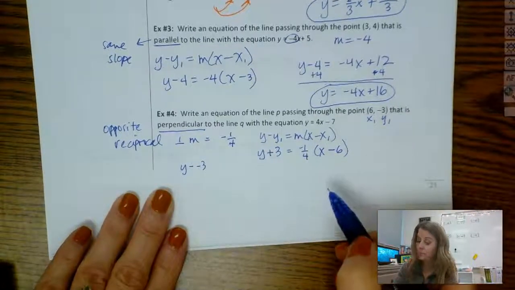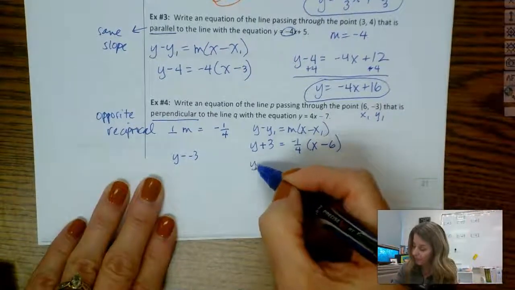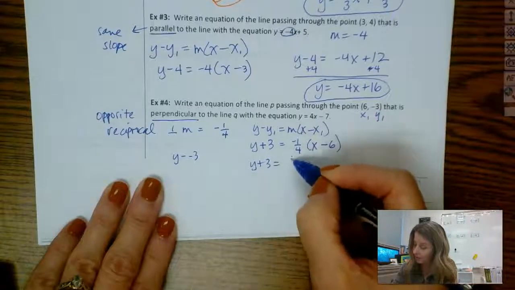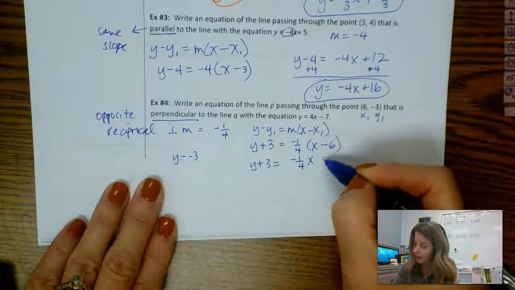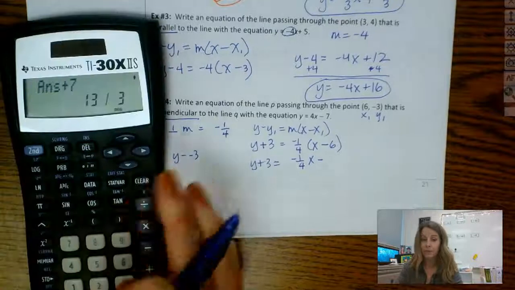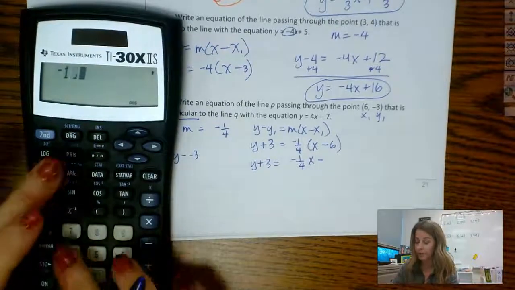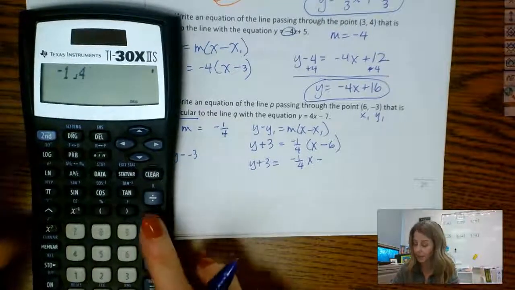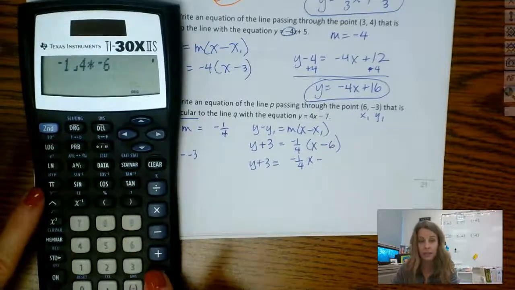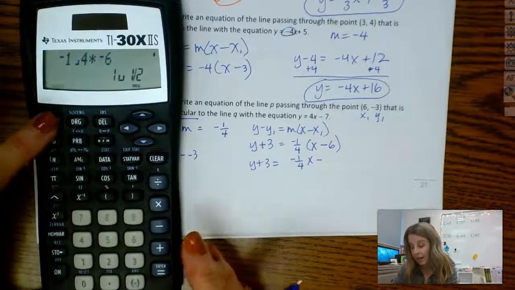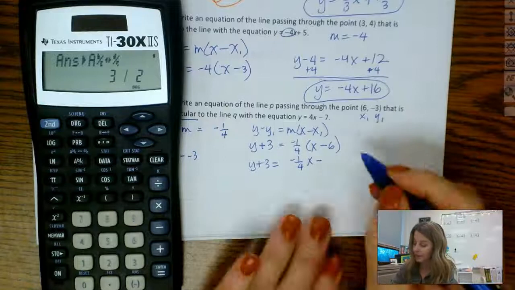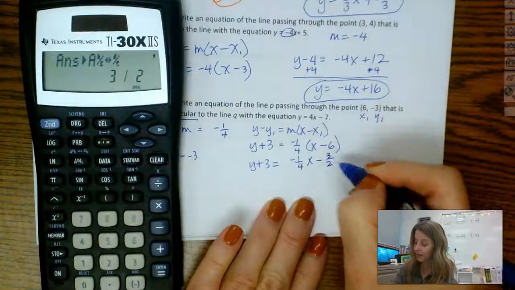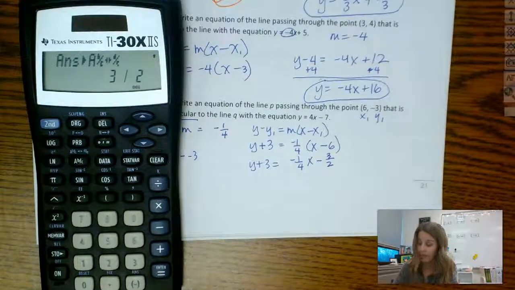Okay, distribute in. y plus 3 equals negative 1/4 x minus, and if you want to use your calculator, you can. If you want to do it in your head, that's fine, negative 1/4 times negative 6 is 1 1/2, which is 3/2. So minus 3/2.